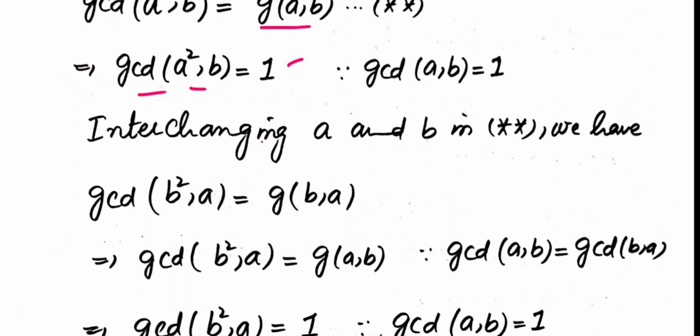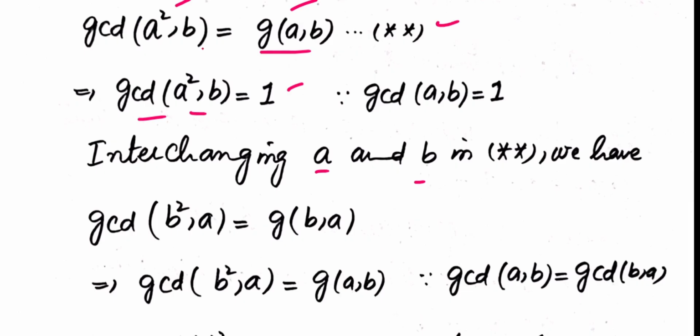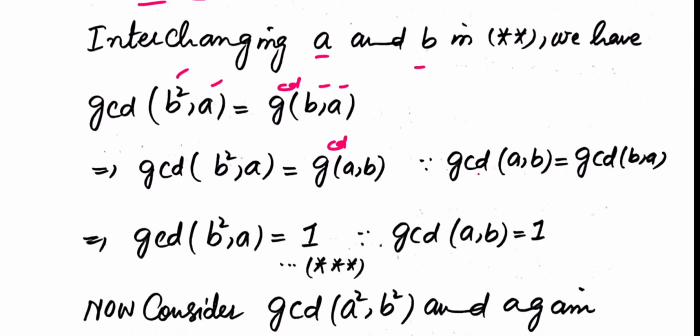Interchanging A and B in double star. This is my double star. So when you interchange A and B, this becomes B square and this becomes A. Similarly, on the right side, this is GCD of B and A. As we know that GCD of A and B is always equal to GCD of B and A. In other words, if you interchange the numbers, their GCD will not be affected.